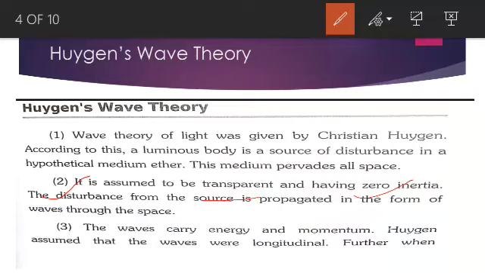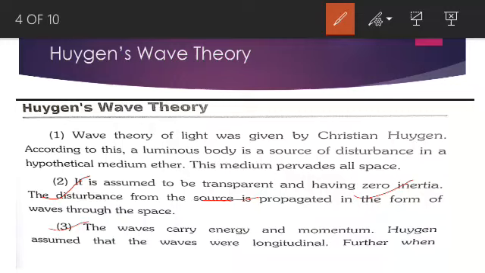Huygens said that the waves carry energy and momentum, and Huygens assumed that waves were longitudinal. But when we investigate the polarization effect of light, we will observe that light is not a longitudinal wave, light is a transverse wave, which is experimentally confirmed by polarization phenomena.